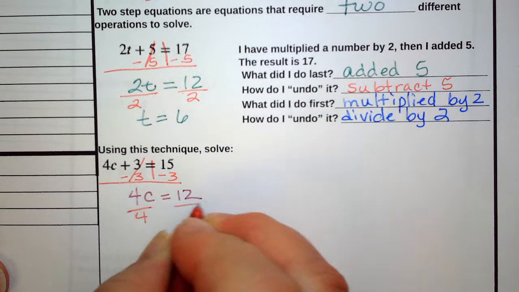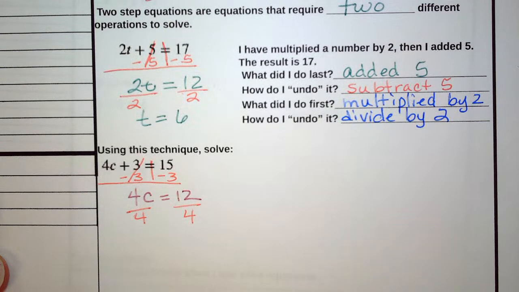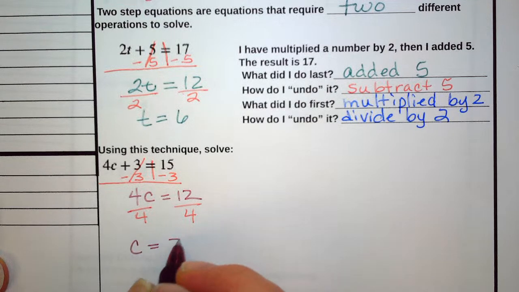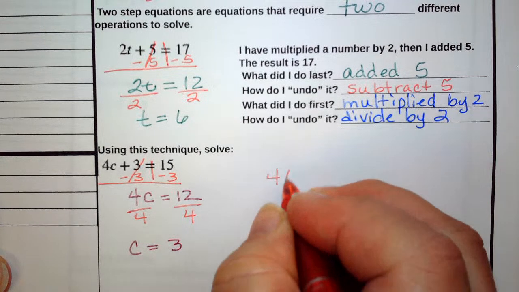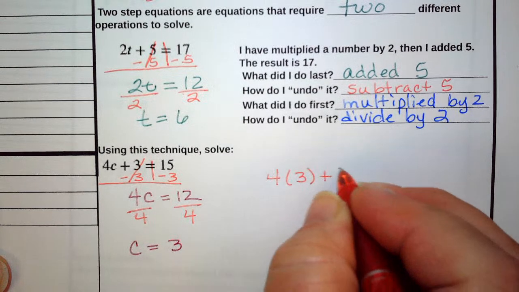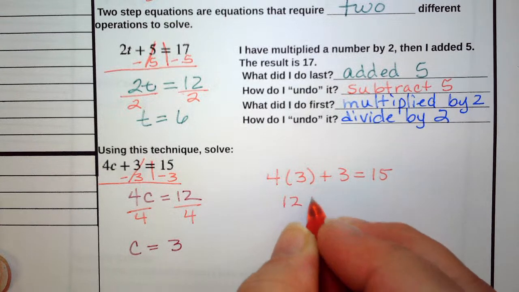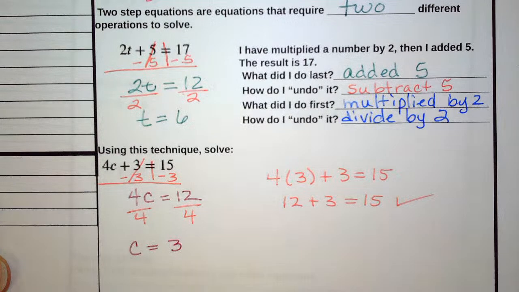I use division. I divide by the coefficient only, because 4 divided by 4 is 1, and 1c is equal to 3. If I want to check, 4 times 3 plus 3 is equal to 15. 12 plus 3 is equal to 15. It works. It makes that a true statement.